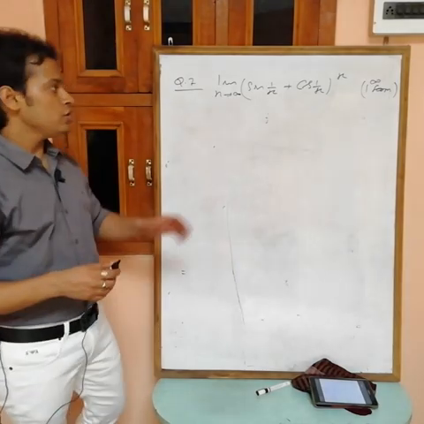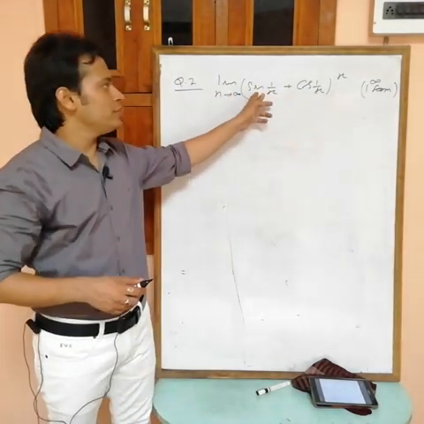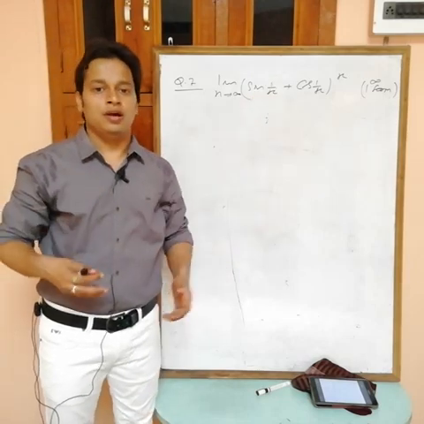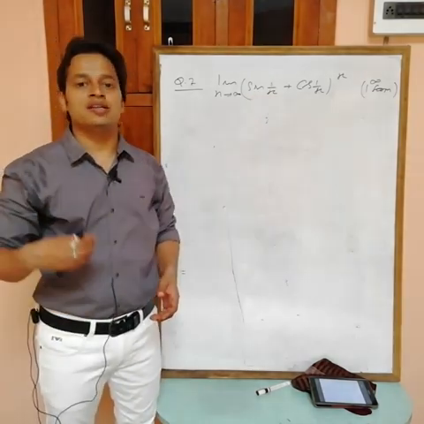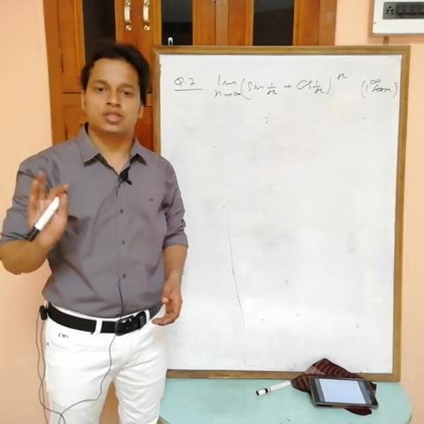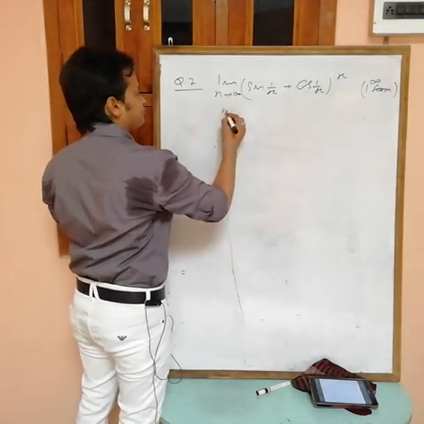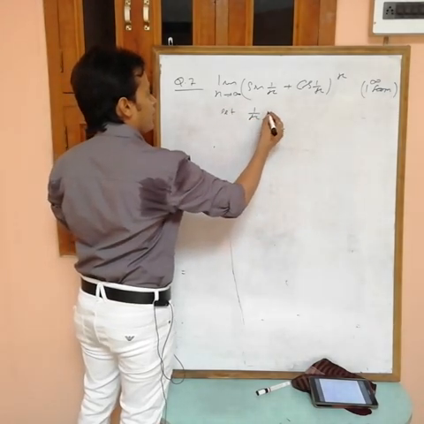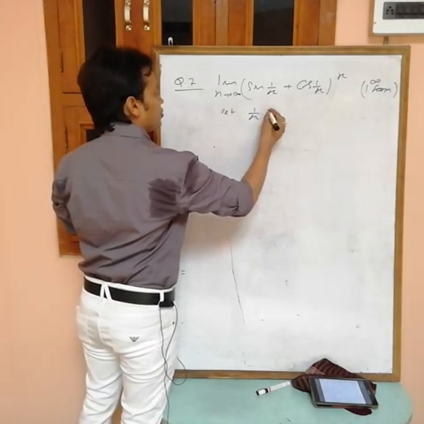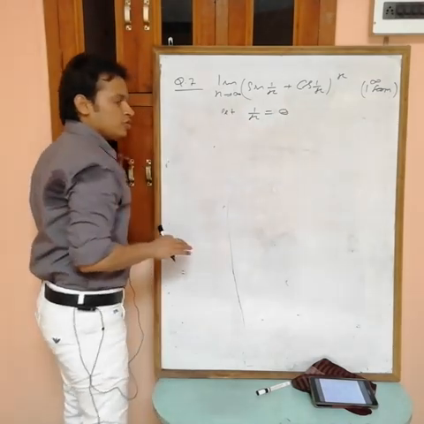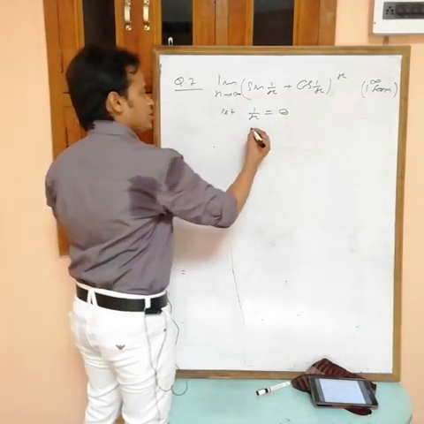To simplify this one, you can convert it in terms of sine theta plus cos theta by replacing 1 by x as theta. If you replace 1 by x as theta, what will you get?